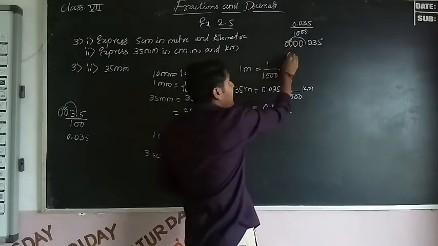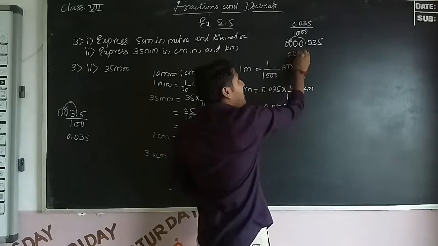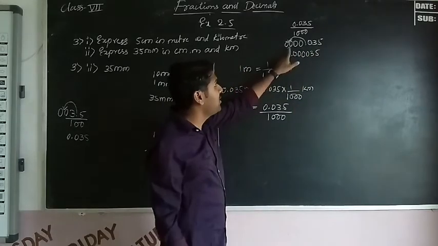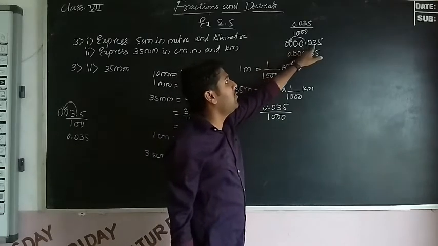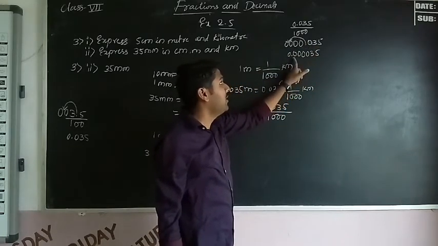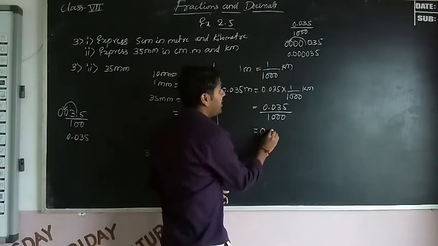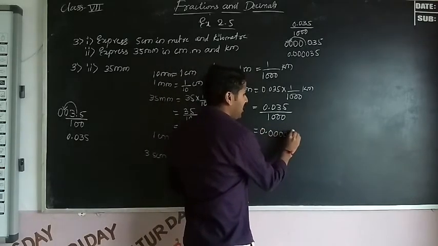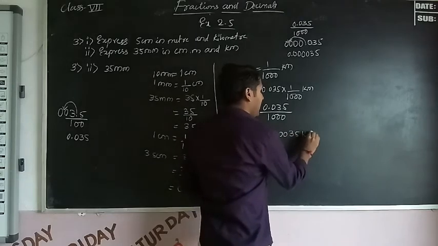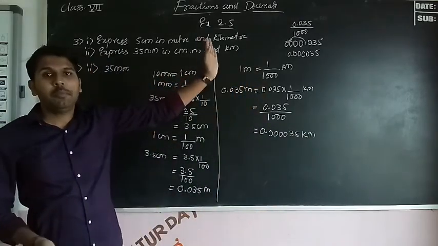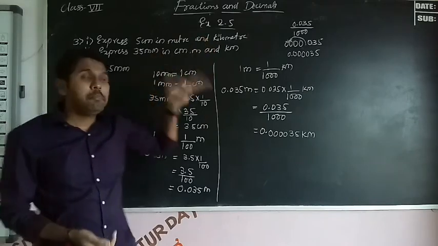That means the answer is 0.00003 and then 5, so total 6 digits after the decimal point. So the final answer is 0.000035 kilometer. Okay, I hope you understand the conversion of meter, centimeter, kilometer and millimeter.